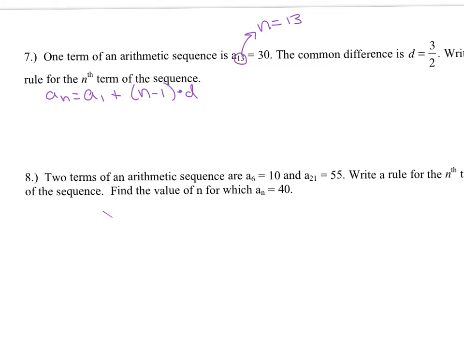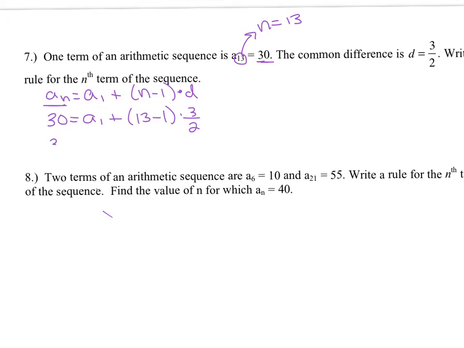So again, we know a sub n because that happens to be 30. So we're going to use that a sub 13, which is, again, 30. A sub 1 is what we're trying to find in this first step. And this is the 13th term. And we know the common difference is 3/2.